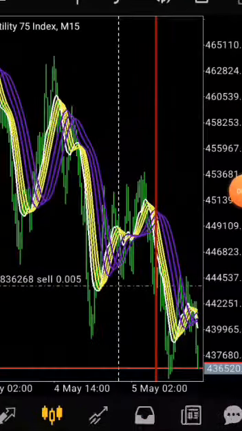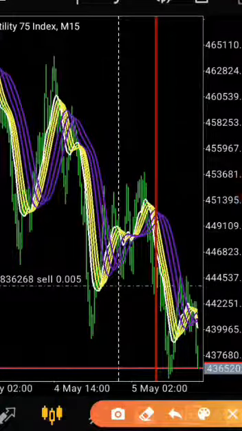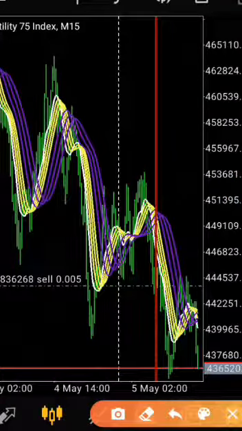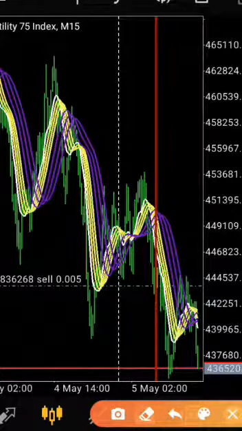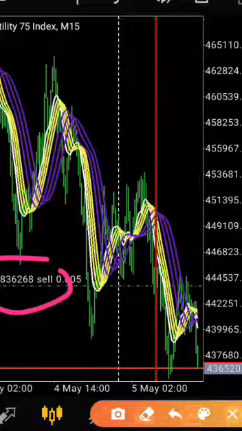Hello guys, some hours after taking the trade, we are going to look at what actually happened in the market. You look at the order number, you realize that it's the same order number, and this is a live demo trade, as we said earlier on.